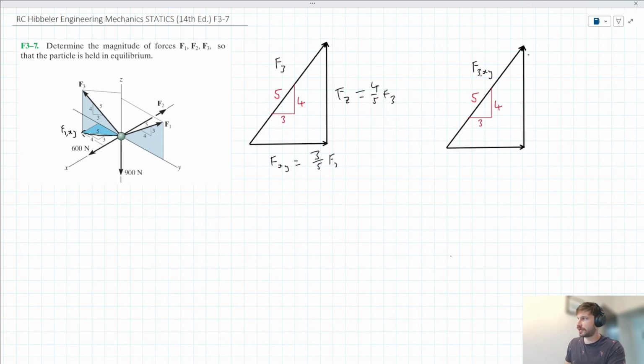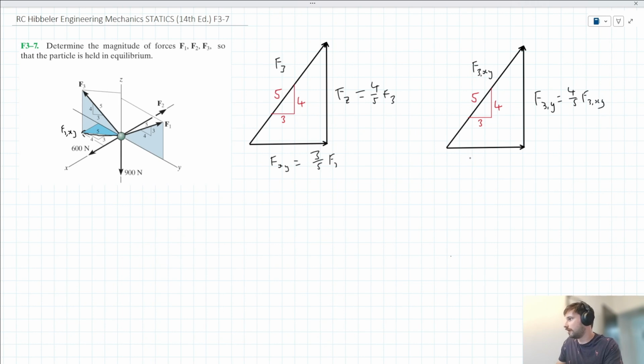So if this hypotenuse is describing F3, XY here, then this vertical is describing the Y component of F3, right? So we could call this F3, Y, which we note here is equal to 4/5 of F3, XY.